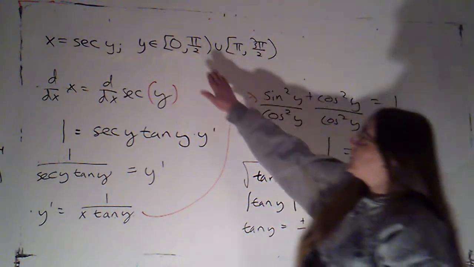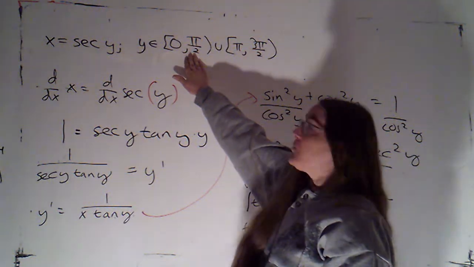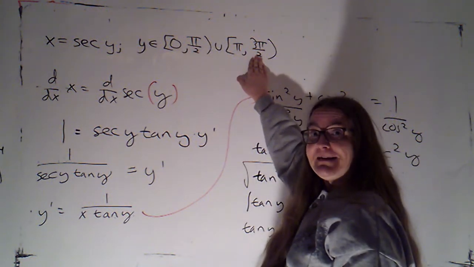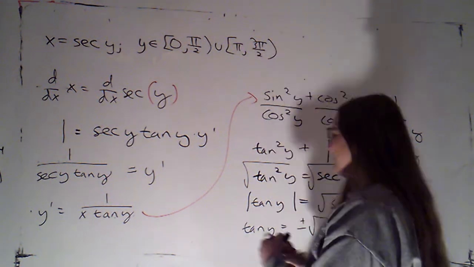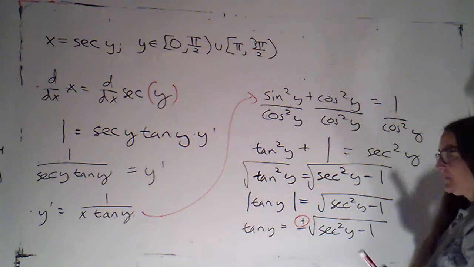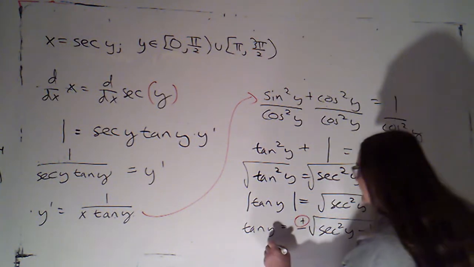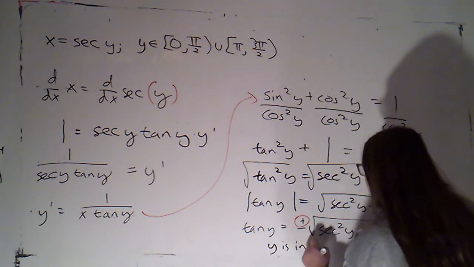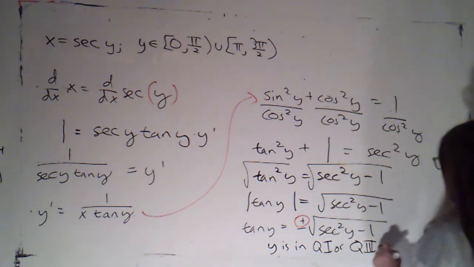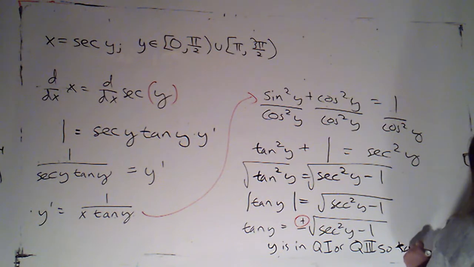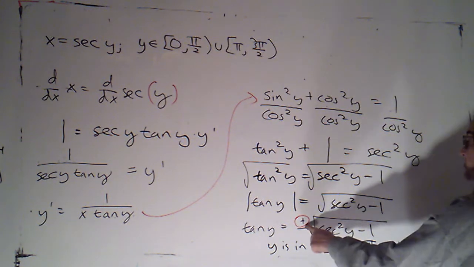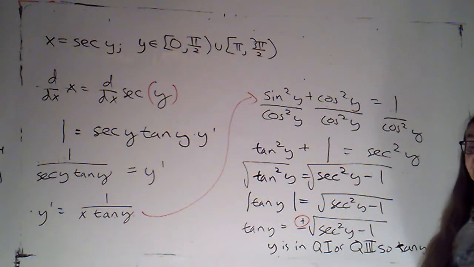Now, with our choice, this corresponded to quadrant 1, and this interval corresponded to quadrant 3. Tangent is positive in both quadrants. Okay, so here I can say y is in quadrant 1 or quadrant 3, so tangent of y is going to be bigger than or equal to 0, so I can choose the positive root.